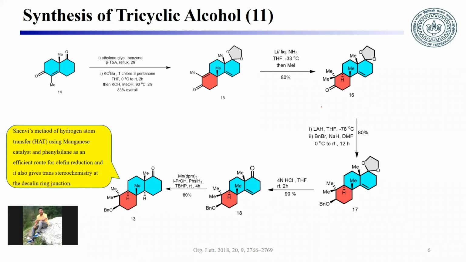You are saying that because there are four hydride atoms, if we take one equivalent of LAH, it will reduce four ketones or four aldehydes. So we can use only a quarter equivalent of this lithium aluminum hydride. I got what you are saying.